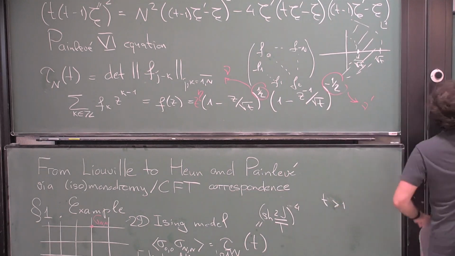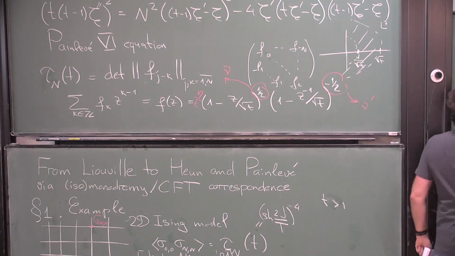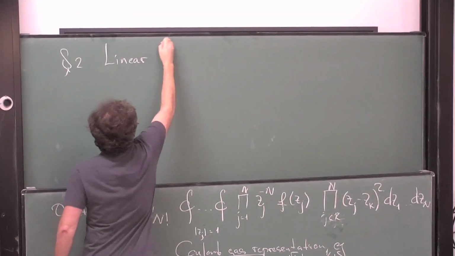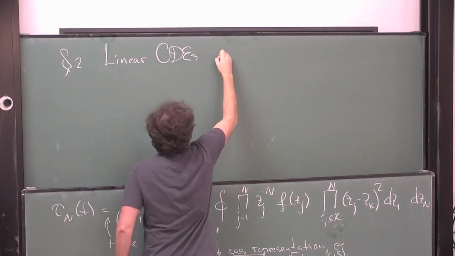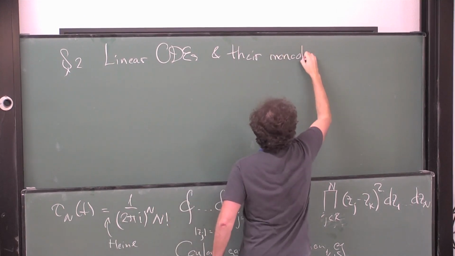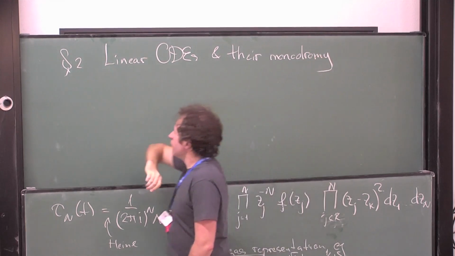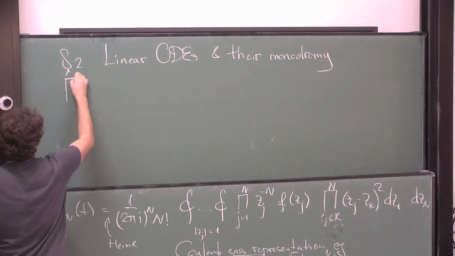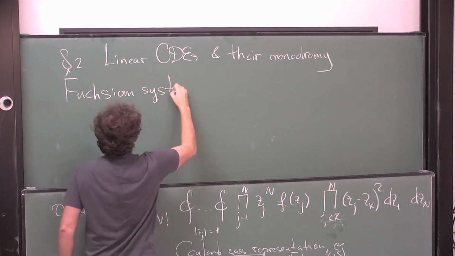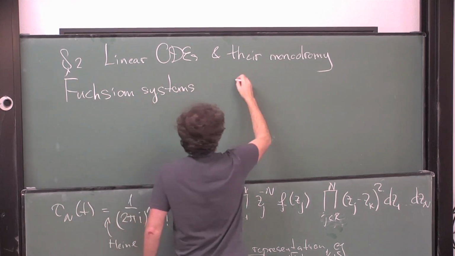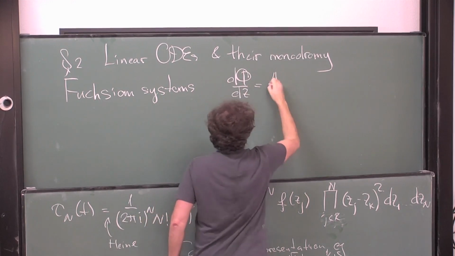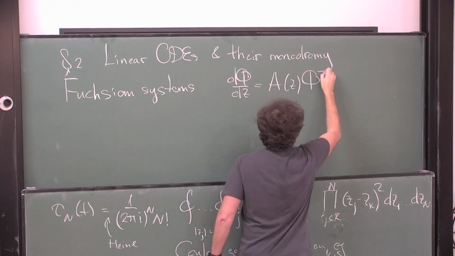Okay, so now let us be more general and consider the theory of linear ODEs and their monodromy. I will focus on the simplest example of Fuchsian systems, which are systems of the form d phi over dz equals A of z times phi.